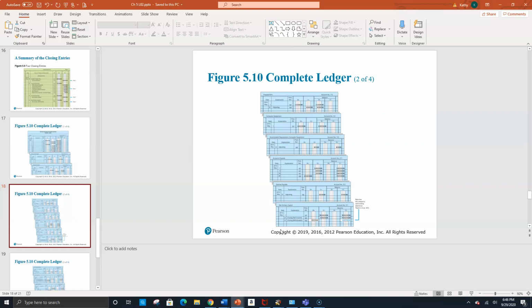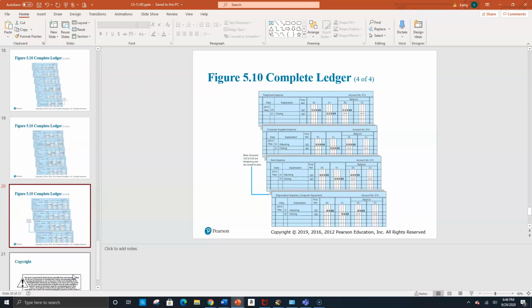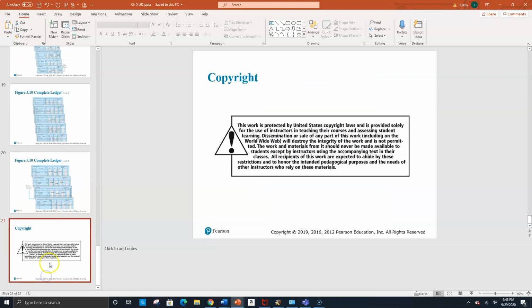The last one is capital, which has your closing entries posted to it. Withdrawals has a closing entry, and then for income summary, the balance is zero. Your revenue account has a closing entry, and then all your expenses have closing entries. Okay, and that concludes learning objective 2.